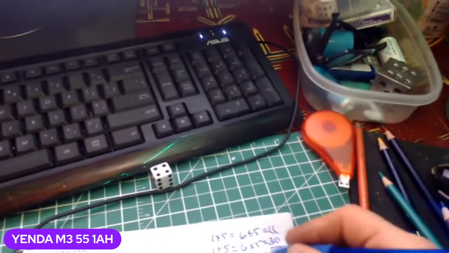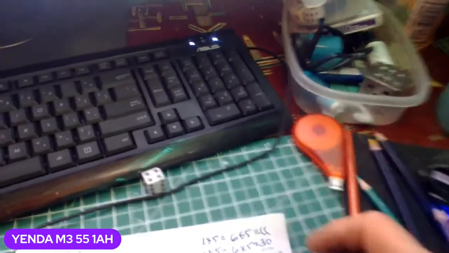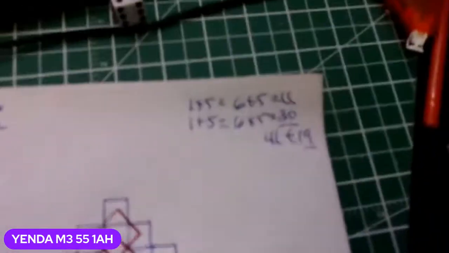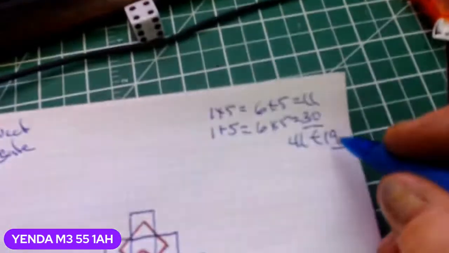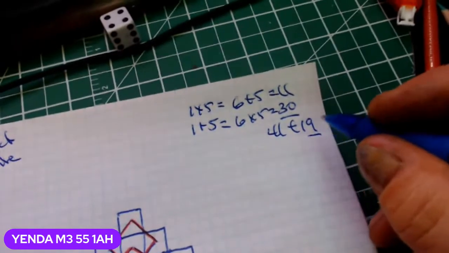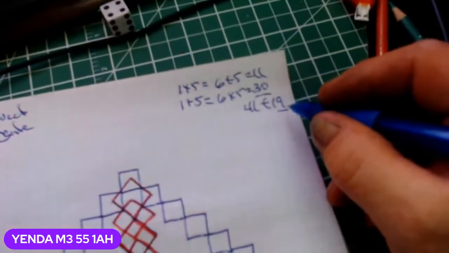The total is 41, and the minus side is 19. That is where man shows up. Man creates this.